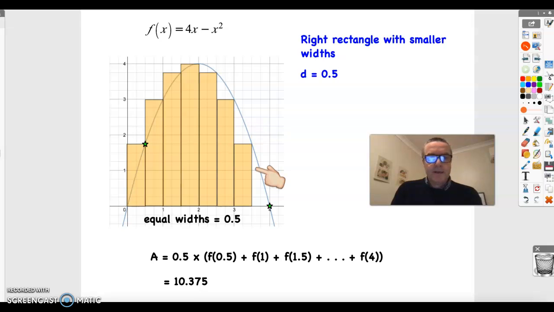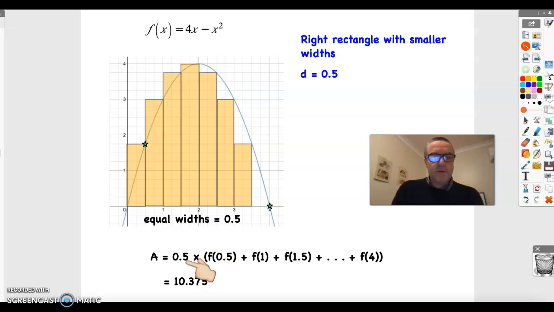So here we're looking at, again, the right rectangle method. It starts here. Width starts at 0 to x equals a half. And so there's our first height, f of 0.5. Here I'm signalling the width of each rectangle. I'm calling it delta x, 0.5. And here's the advantage of all of the widths being exactly the same, is that we can shorten the calculation somewhat by taking the width out as a common factor.